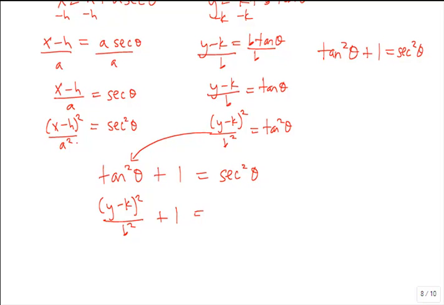And let's substitute this in for secant squared. And all I'm going to do now is subtract this whole quantity right here over to the other side and get the 1 by itself.